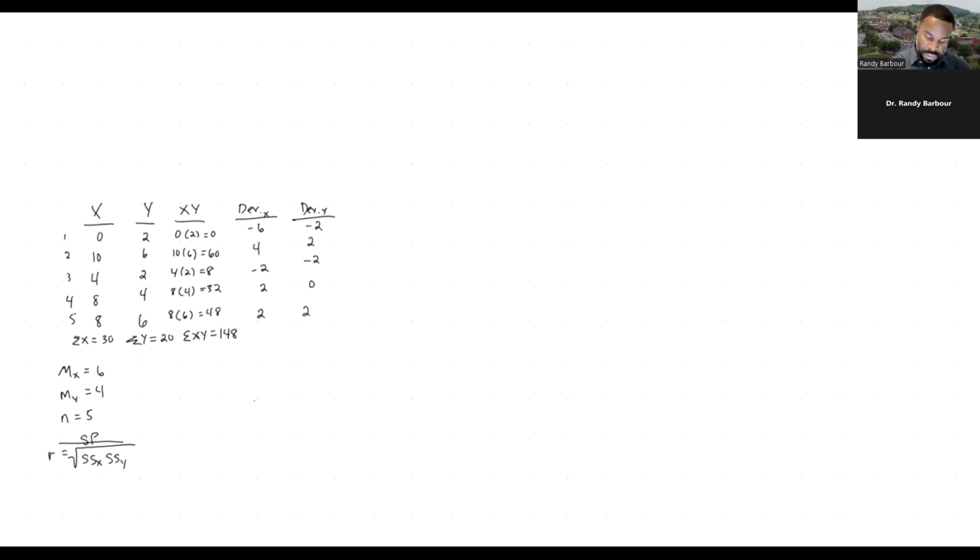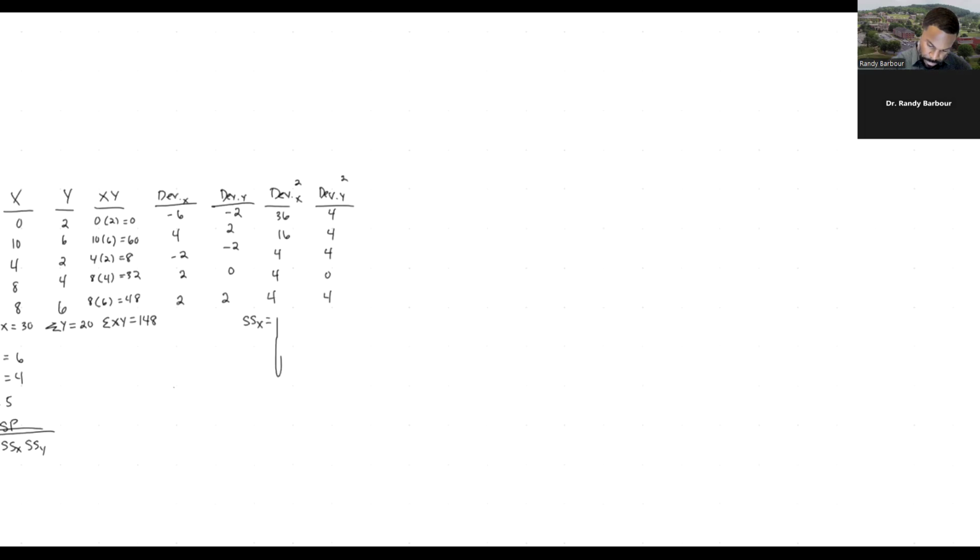Now deviations squared. So deviations for X squared and deviations for Y squared. All I'm doing is squaring these values. Negative 6 squared is 36, then 16, 4, 4, and 4.